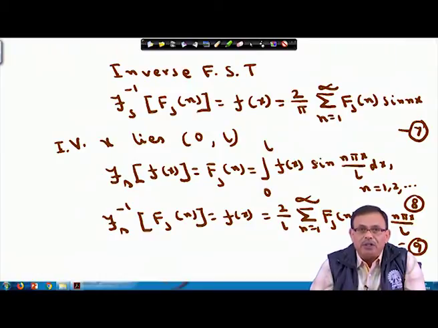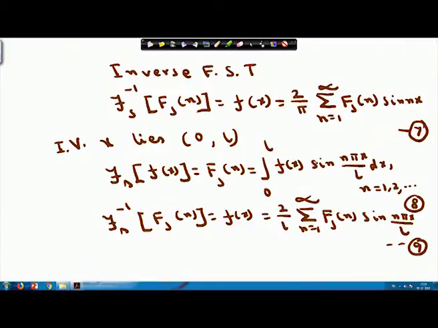So, whenever x lies in 0 to L, in that case Fourier sine inverse of f x will be 0 to L f x sin n pi x by L dx, n varies from 1 to infinity, and Fourier sine inverse of f s n equals f x. This will be equals to 2 by L summation n equals 1 to infinity f s n into sin n pi x by L.